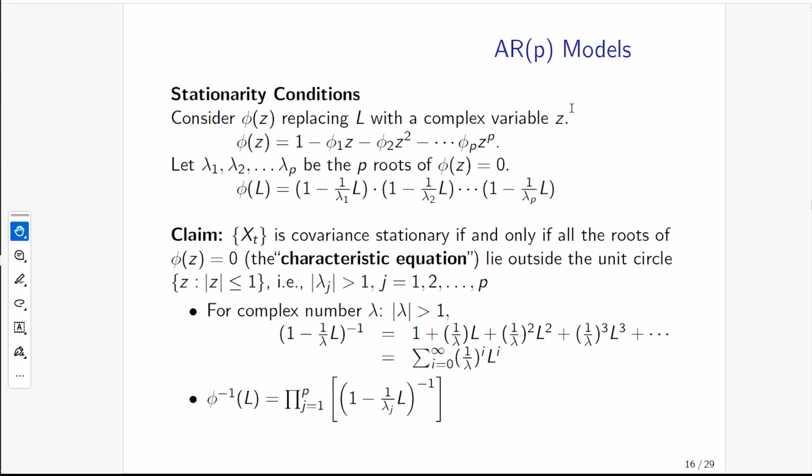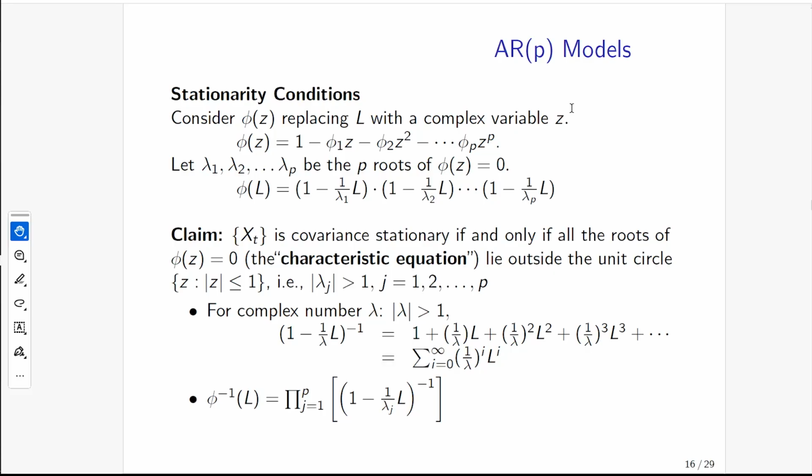And so if we look at one of these roots, fix just lambda as a root, then if we take the inverse of this factor, it has this geometric sum expression of 1 plus 1 over lambda L plus 1 over lambda squared L squared and so forth. So it's basically an infinite order polynomial in lags.